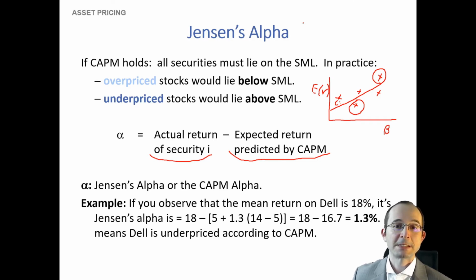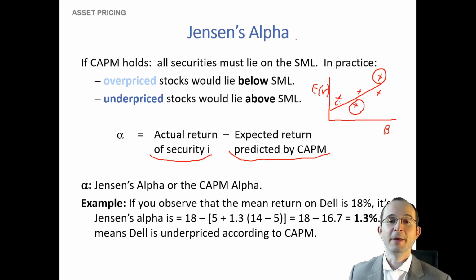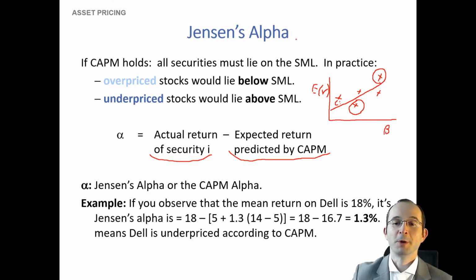And therefore this idea of alpha as a measure of abnormal positive performance is one that's actually well used beyond just the CAPM. Really, it's a measure of whatever your expected return model is. Does your individual risk asset or portfolio of risk assets offer you a return that is higher than what your model would suggest your expected return should be?